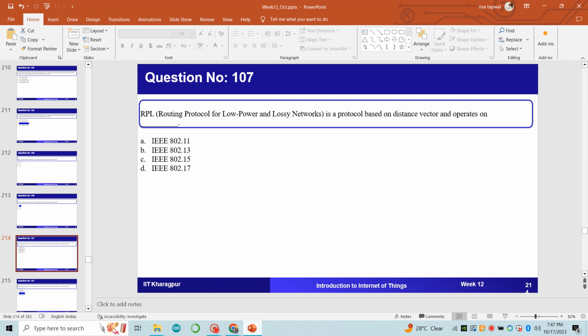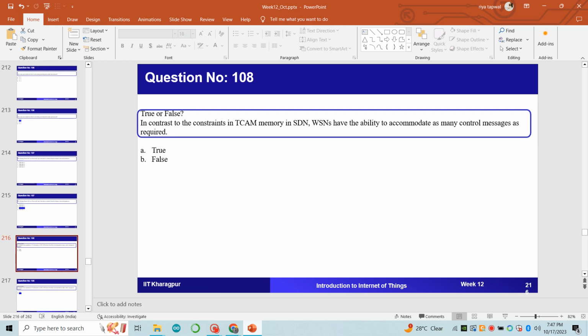Anyone? Correct option for this is C, that is IEEE 802.15.